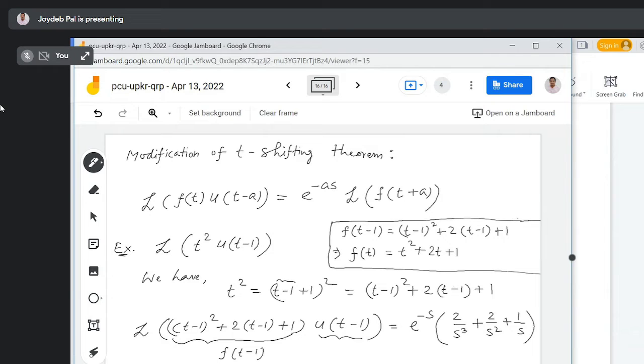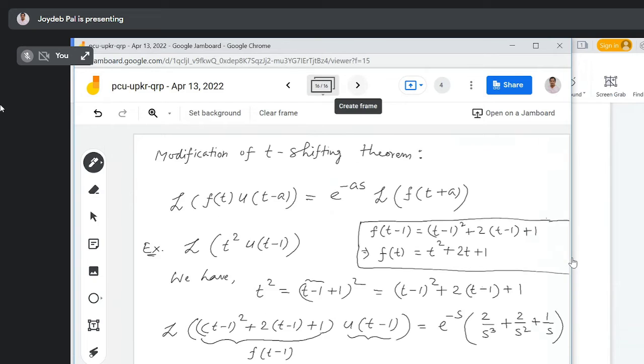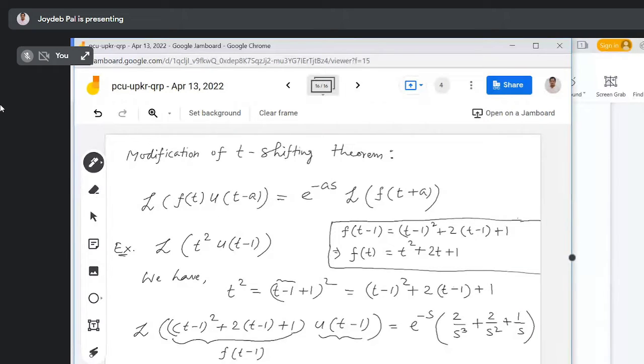Look, we have to do a lot of things here. If the function is of the form f(t) into u(t minus a) and we want to apply this main formula, there is a lot of difficulty. First of all, you have to express that function in terms of t minus a.